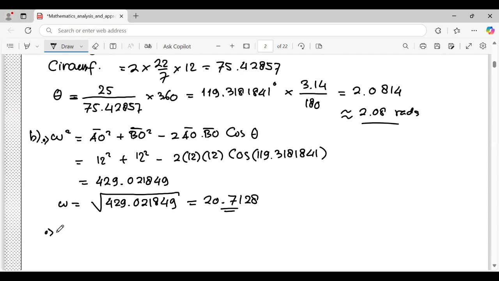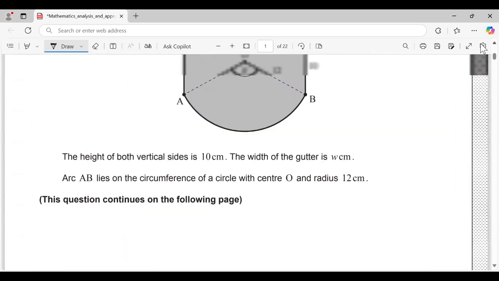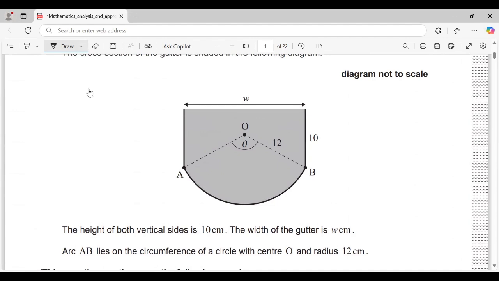And after that, the second, we need to find the area of sector A or B. I would like to show you sector A or B. This one, this sector. We are going to find this sector area.